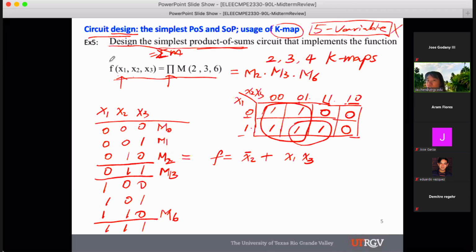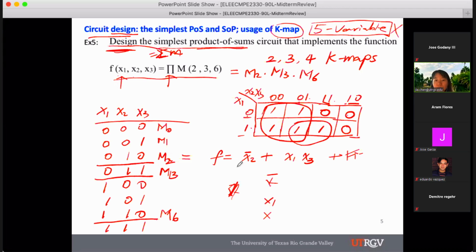That's the logical expression. But here the problem is to design. Design means I need to get the expression. This is step 1, the first step. You need to get the expression first. Then you need to give the circuit. Design means you have to give the circuit, okay? Synthesis also means you have to give the circuit in the end. Then you have x2 not, x1, x3.